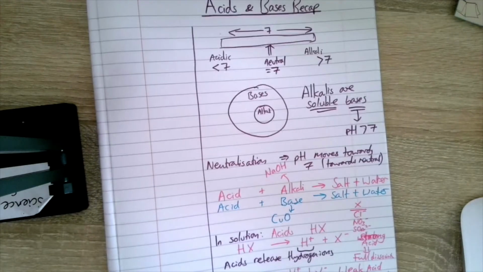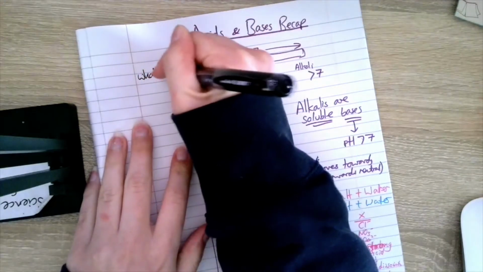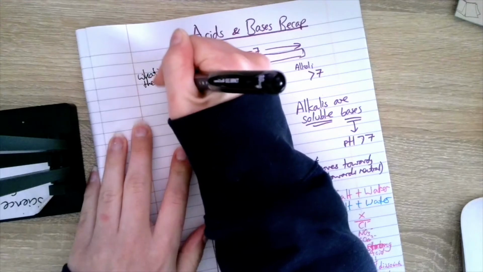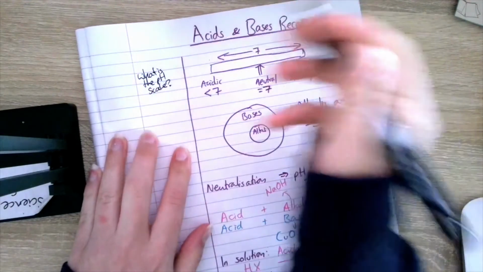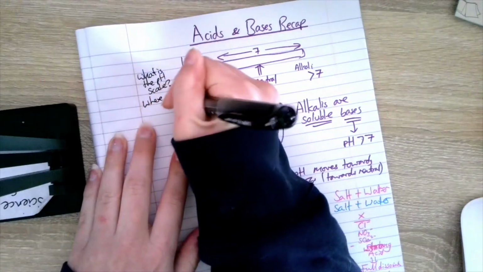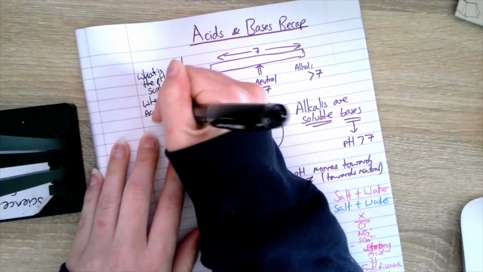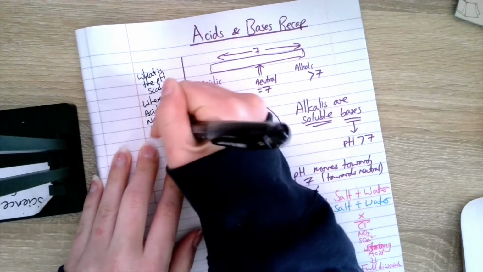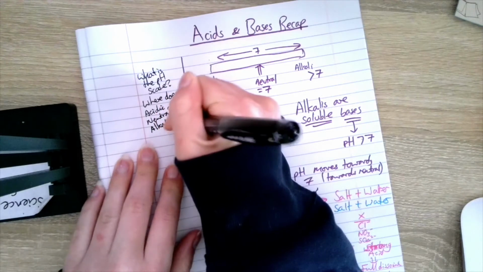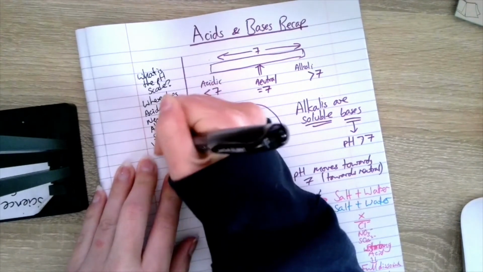So just to recap what we've covered here, we talked about what is the pH scale. I didn't write it, but you can rewind the video. Where does acidic, neutral and alkali substances lie on the pH scale?